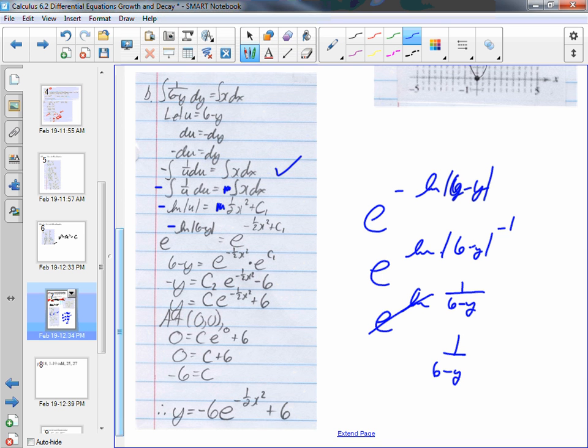Not negative, so it should be negative 1. No, you mean way back up here? Where did you mean? It's like the step right below what you just circled. Okay.